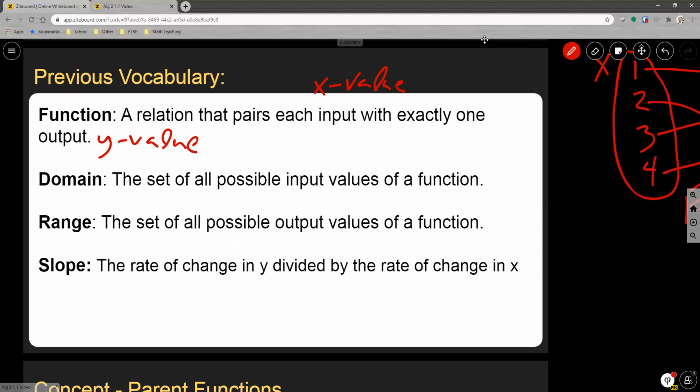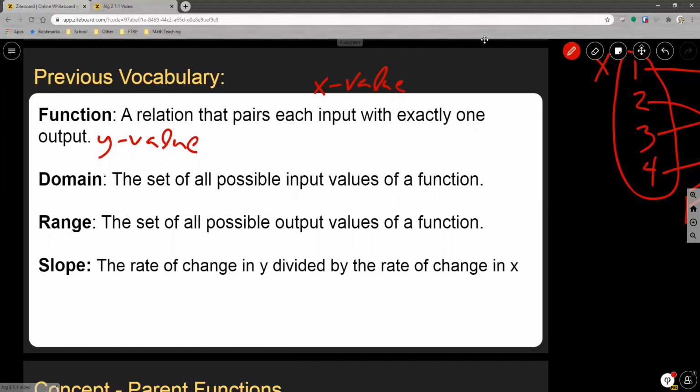Any input value would be part of the domain. Sometimes the domain is limited. Sometimes we only want maybe positive numbers or within an interval. But a lot of the time when we're working with functions in Algebra 2, the domain is going to encompass all numbers.